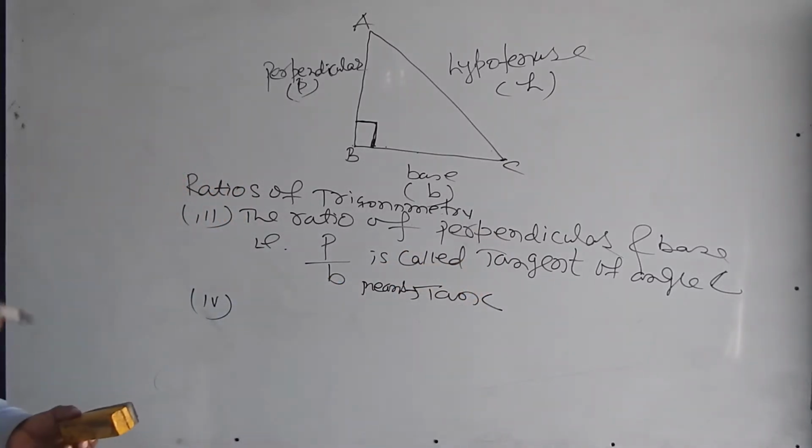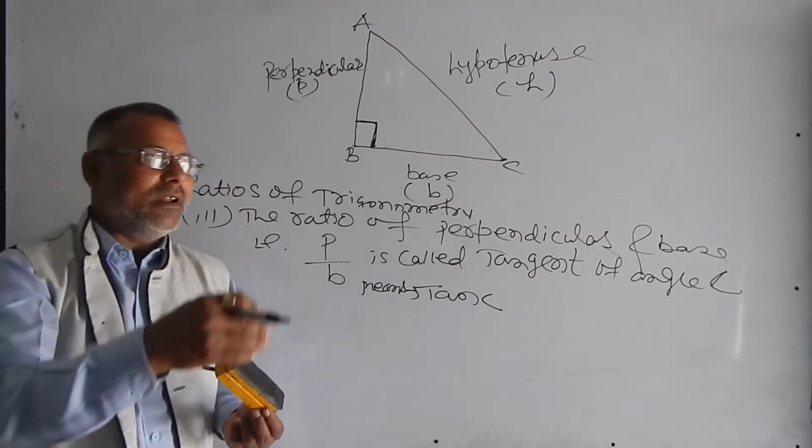Now, if you take the reciprocals serially: in the first ratio there is the ratio of perpendicular and hypotenuse.